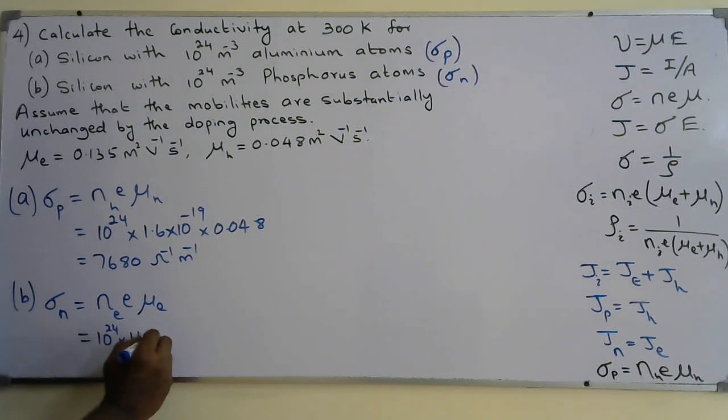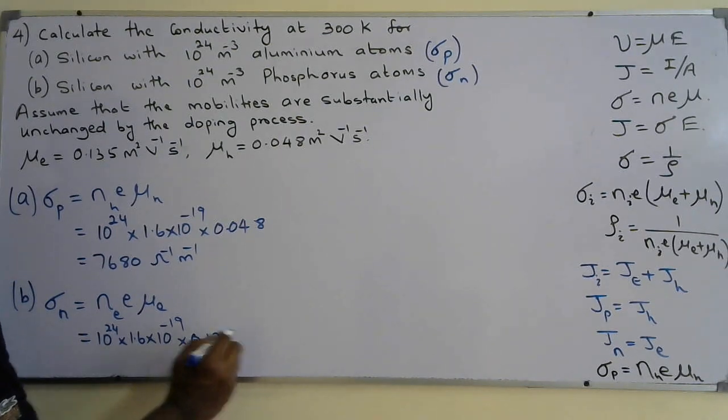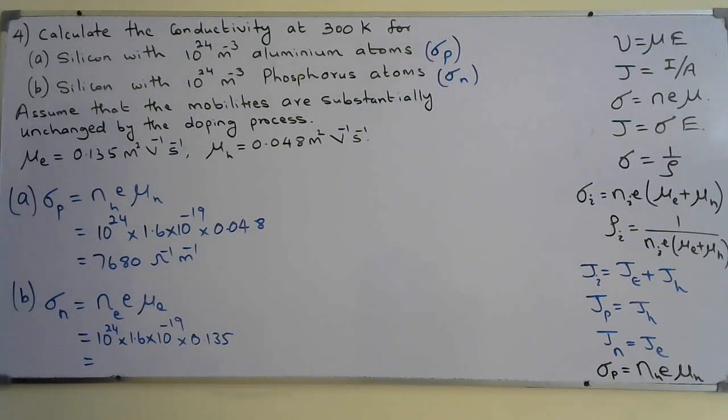Charge 1.6 times 10 to the power minus 19, and the mobility of electron 0.135. So when you solve, you will get 21,600 per ohm per meter. So you should know how to handle intrinsic semiconductors and extrinsic semiconductors. The conditions I already told you.